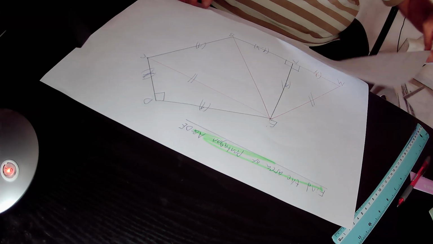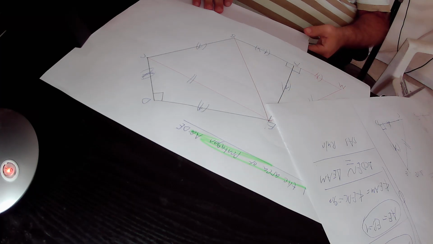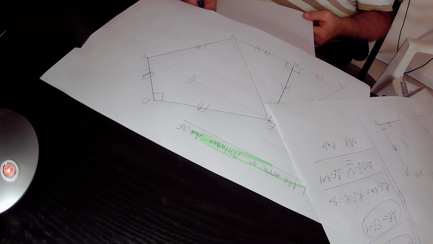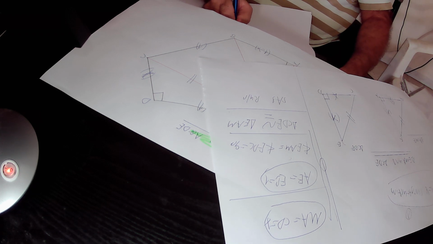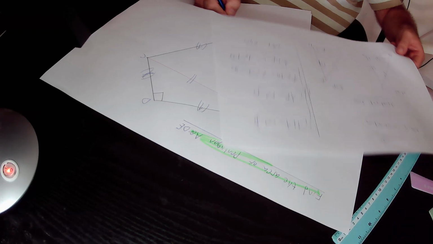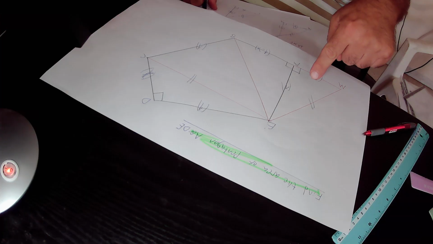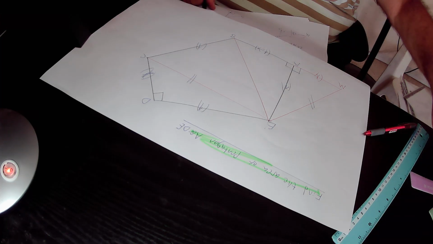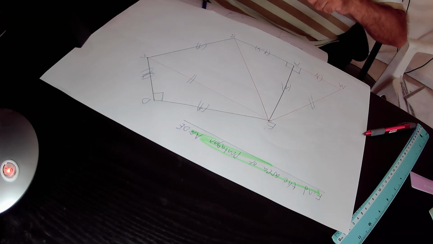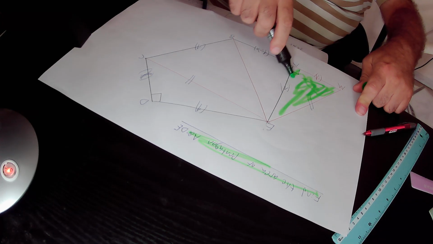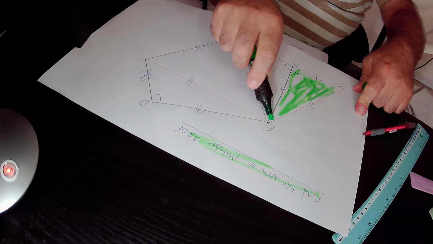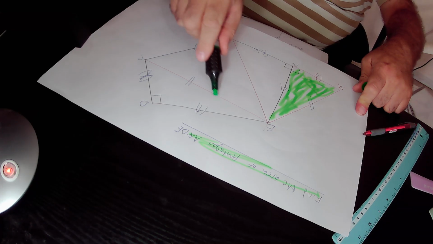So the area of this right triangle EAM is equal to the area of this right triangle EDC.